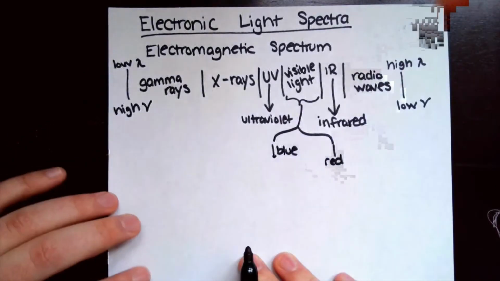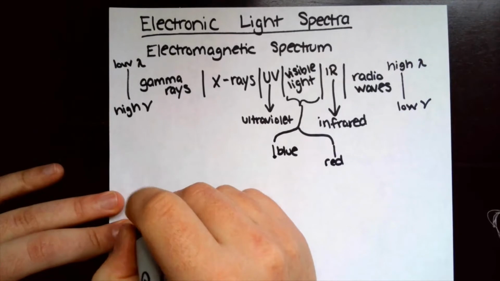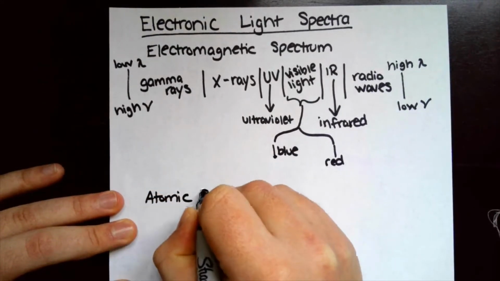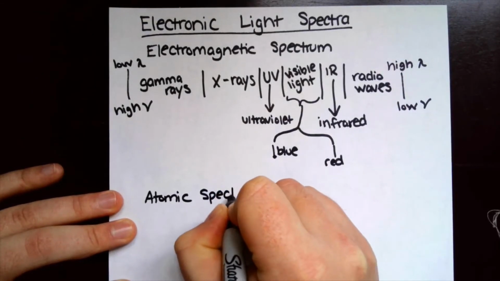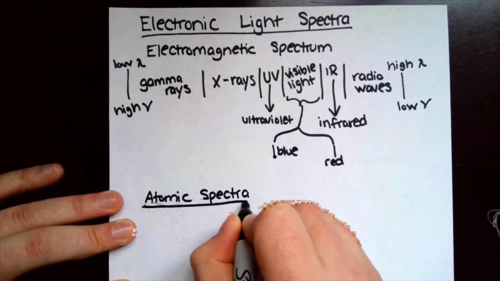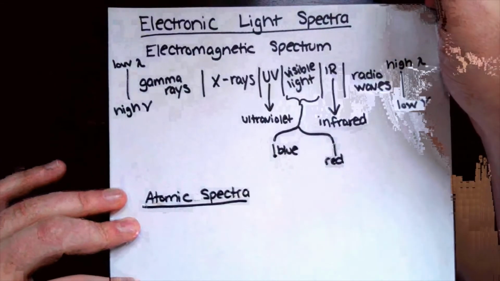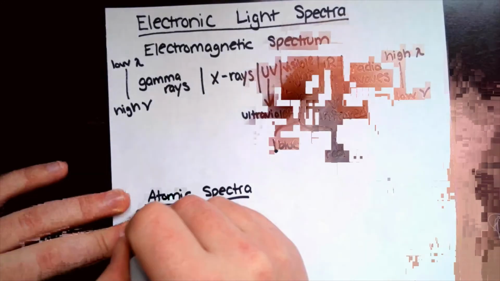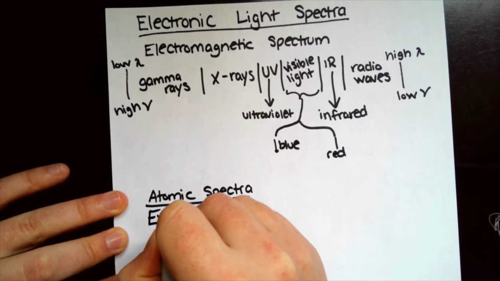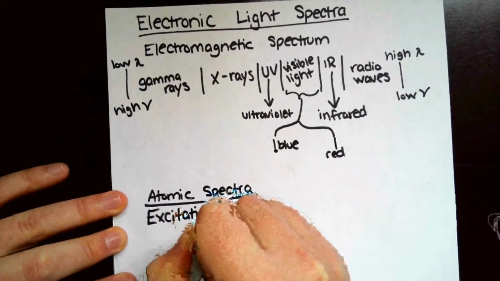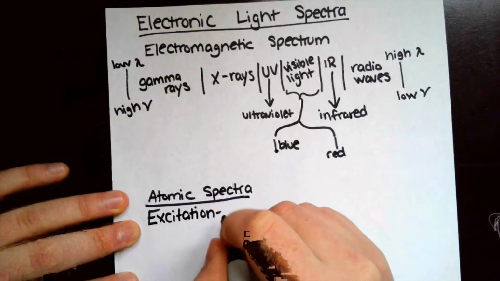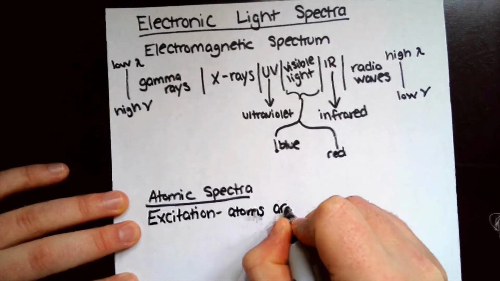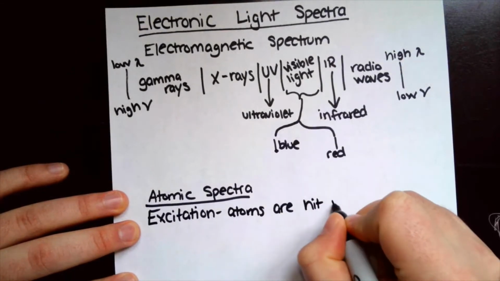So now I'm going to talk about something called atomic spectra. So when atoms are excited, and what excitation means is basically they're hit with light.